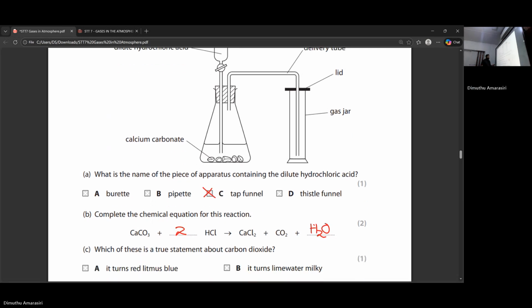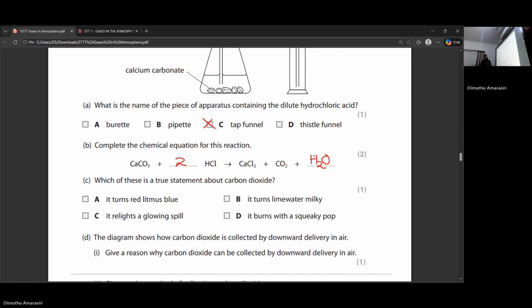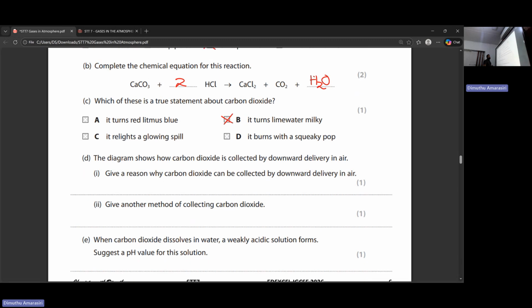Right, which of these is a true statement about carbon dioxide? It turns limewater milky. Everybody knows about it. The diagram shows how carbon dioxide is collected by downward delivery. Give a reason why carbon dioxide can be collected by downward delivery. Carbon dioxide is more dense than air.